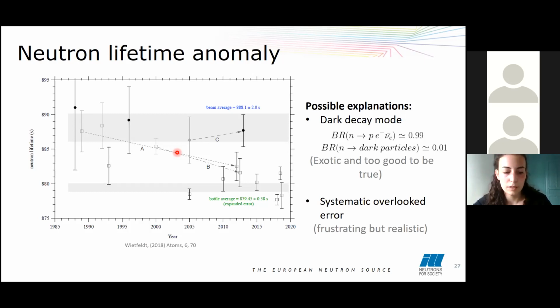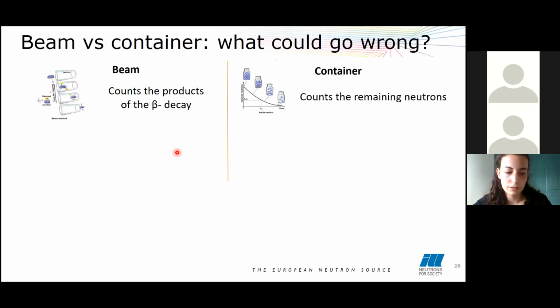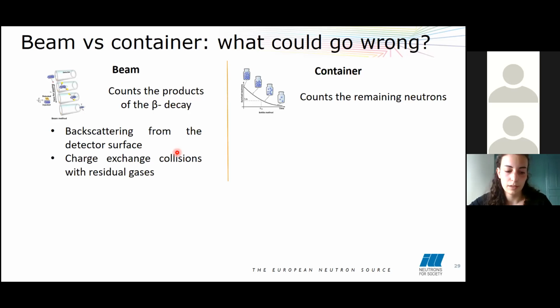If we go into more detail, as I said, the beam method measures the products, while the container measures the neutrons. For the beam method, the problem is with, for example, backscattering from the detector surface.